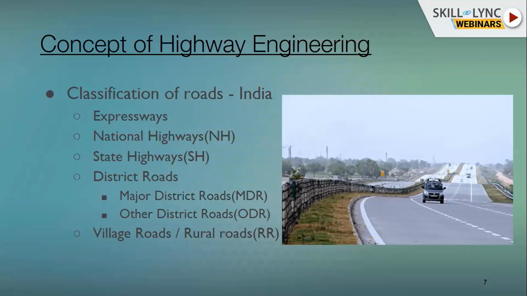Those will be the clients who are handling the whole sector of roads, from planning to design, construction and maintenance. So we need to keep these parameters in mind while we are giving the proper designs of these highways as well, because each classification of roads has a different set of codes to be used for design purposes.